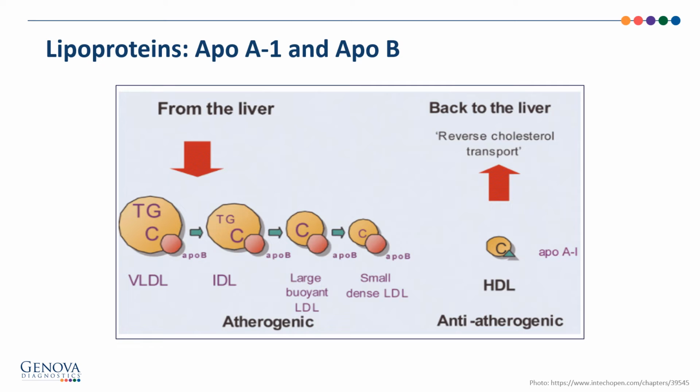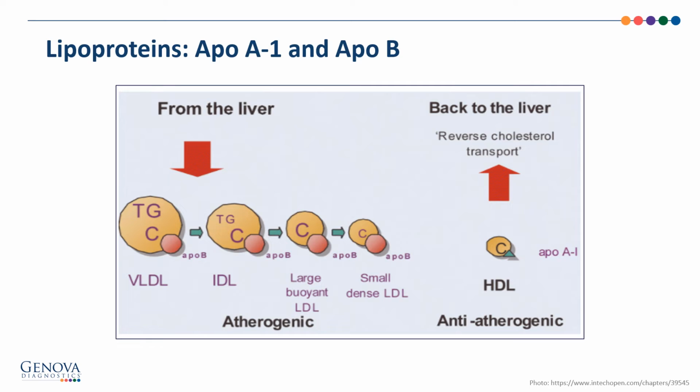So Apo A-1 that we see here on the right-hand side is the main structural component of HDL, and so it assists in reverse cholesterol transport so we can excrete it from the body.